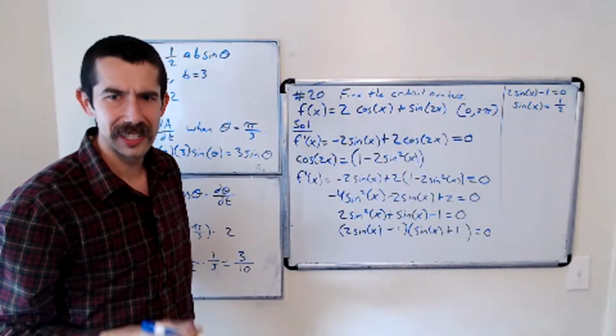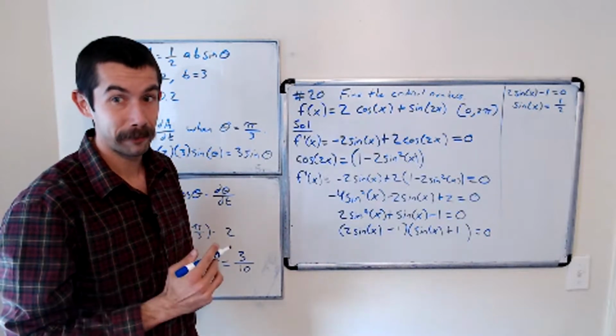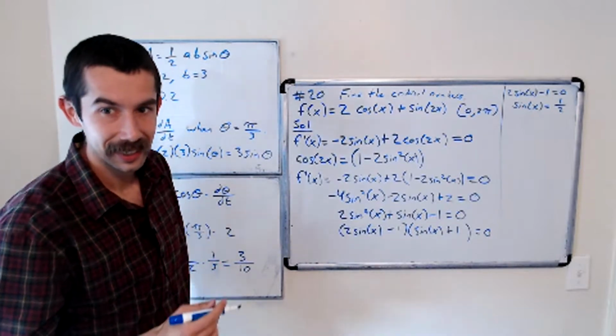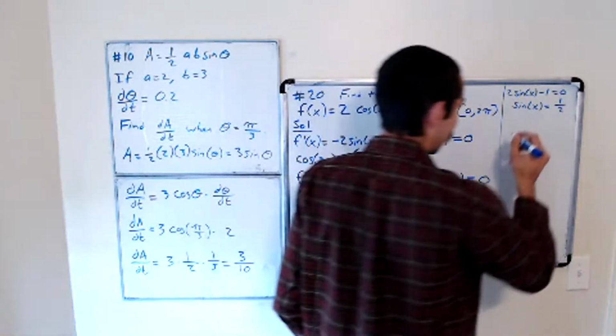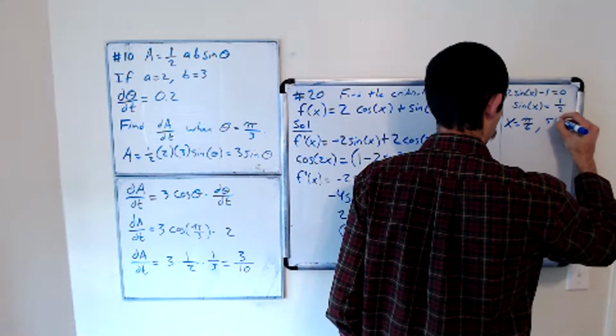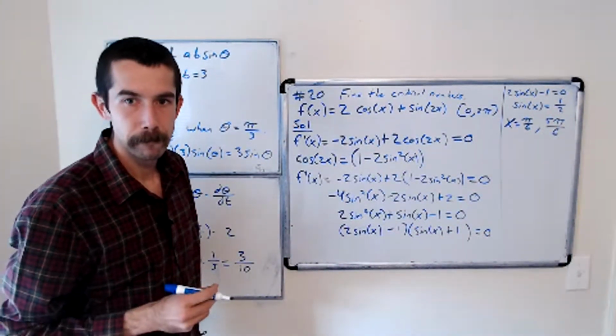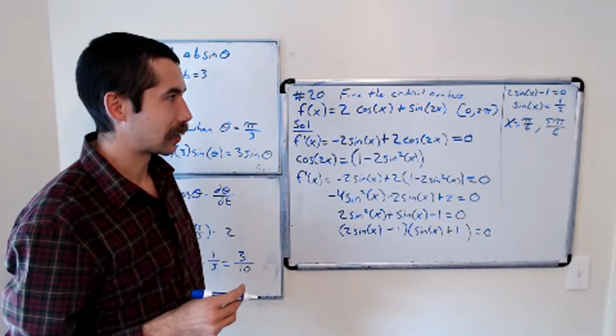When is sine of x equal to 1/2? That's pi over 6 and 5 pi over 6. Right, that's when sine of x equals 1/2.